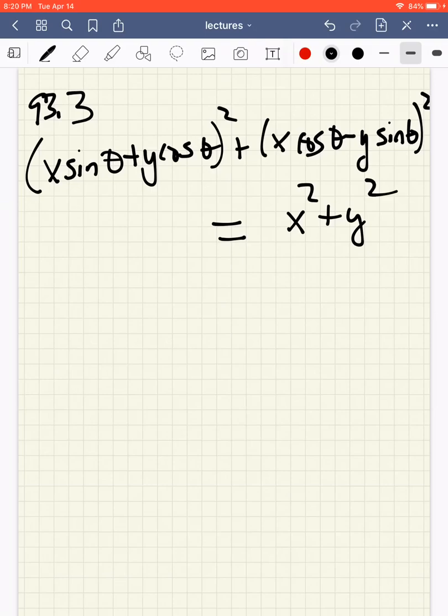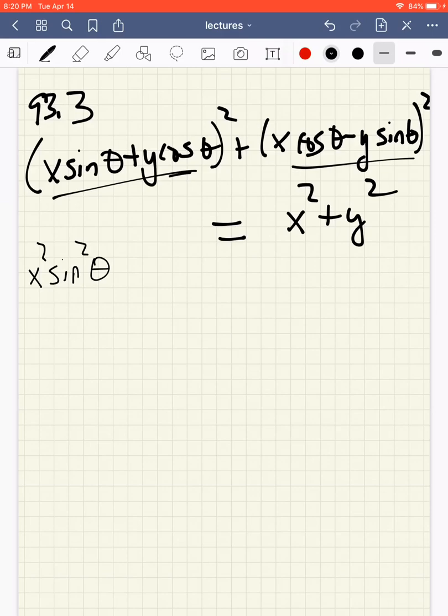All right, well, the reason it gets long is you have to use FOIL and multiply this out and multiply this out. So I'm going to try to write kind of small so I can fit all this in here. This squared would be x squared sine squared theta, right?